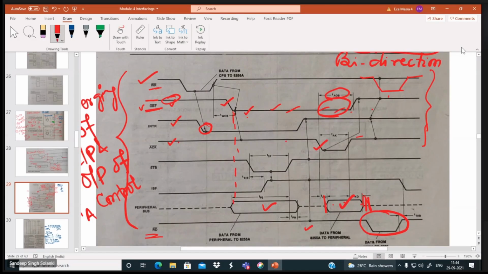Okay. So see here. First of all, mind the signals here. What are the signals? The write. Okay. I'll change the color. Write, OBF, INTR, acknowledge, strobe, and then IBF.